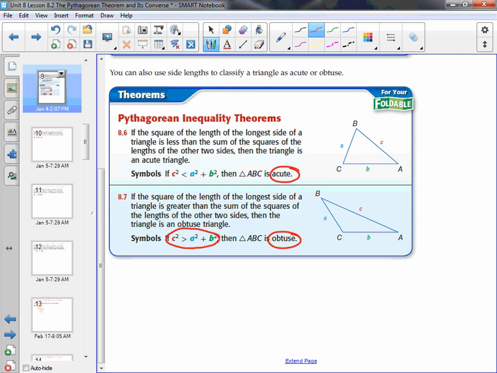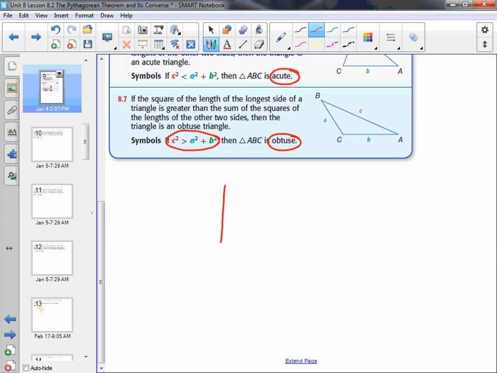Now, I'm not going to do a proof, let me just try to make this make sense to you. In a triangle, the A, the B, and the C aren't random. If I call that A, that B, and that C. Now that was random, I put them where I wanted to, except for the C. But the side length that we call little a is always opposite angle A. The side length that we call little b is opposite angle B. Get used to that.